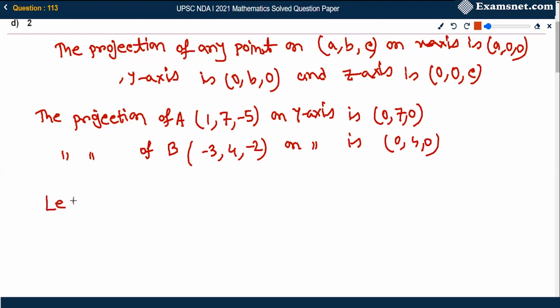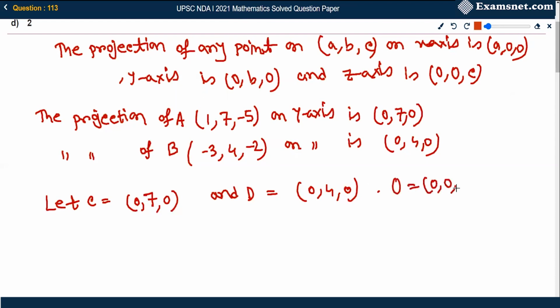So we can assume them as C, that's 0, 7, 0, and D, 0, 4, 0. Also we know O is the origin, coordinate 0, 0, 0. Therefore, OC is 7 units and OD is 4 units.